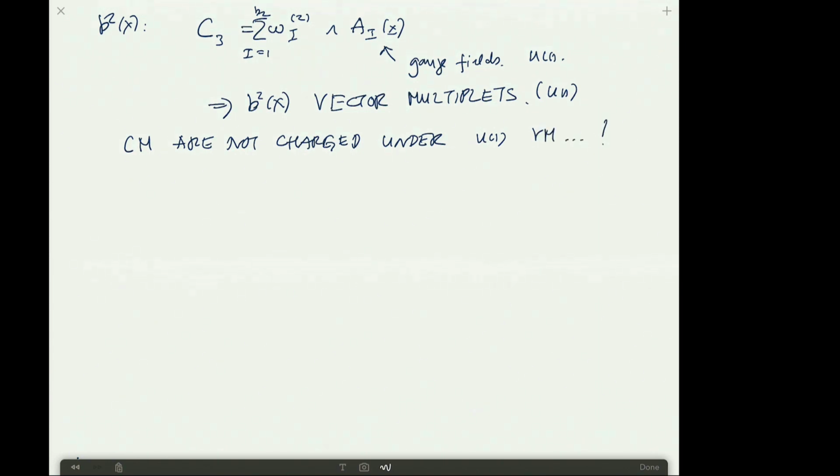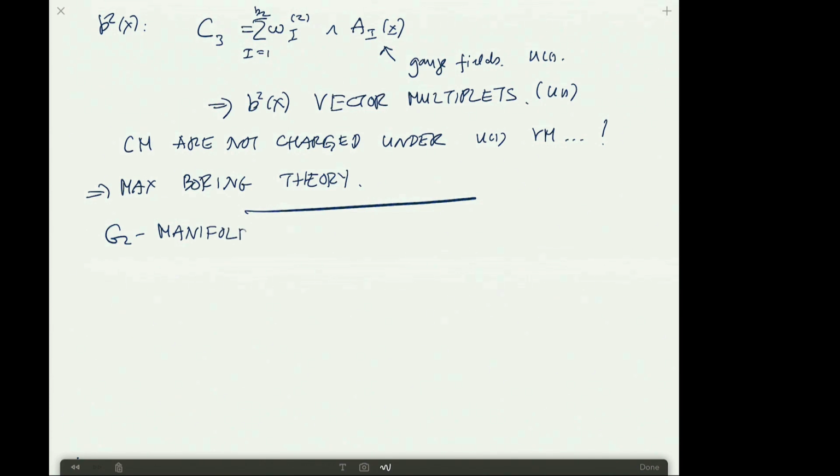Okay, so this is really maximally boring. So what I've assumed in all this is that this G2 manifold here is smooth. And this is essentially giving you something completely uninteresting.